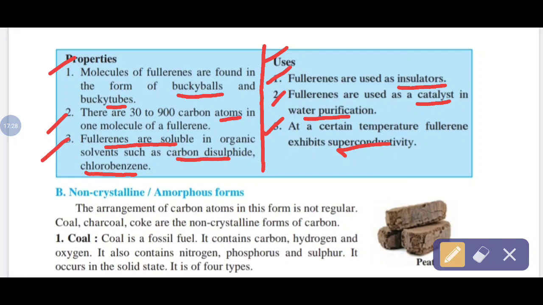No loss of electricity occurs when electricity is passing from one point to another, but for that purpose the temperature condition must be maintained and then the electricity passed. Try to find out a little more information about superconductivity or what is meant by superconductor. So that is the third use of fullerene. All are getting? So a 2 to 3 mark question is asked on these properties and uses of fullerene.